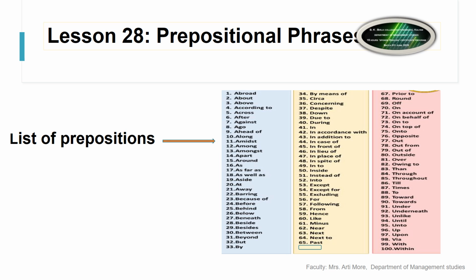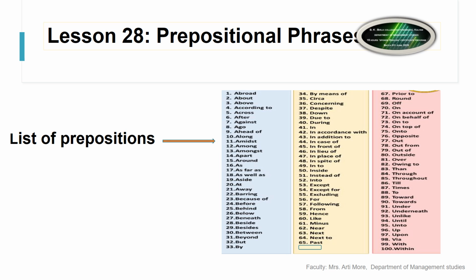Next, prepositions from I: in accordance with, in addition to, in case of, in front of, in lieu of, in place of, in spite of, into, inside, instead of, except, except for, excluding, for, following, from, like, minus.